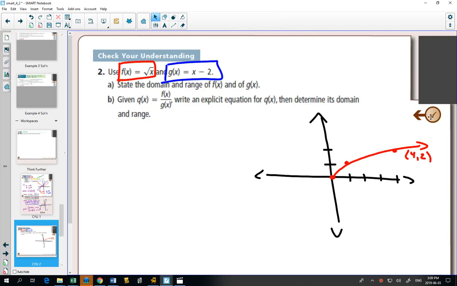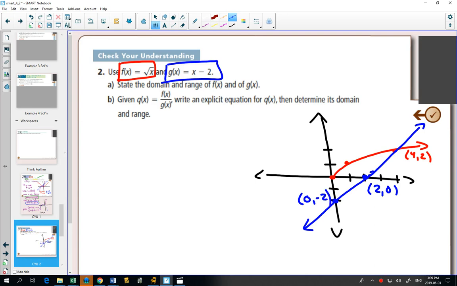And g of x: y-intercept of -2, slope of 1. It would also have the point 4, 2.